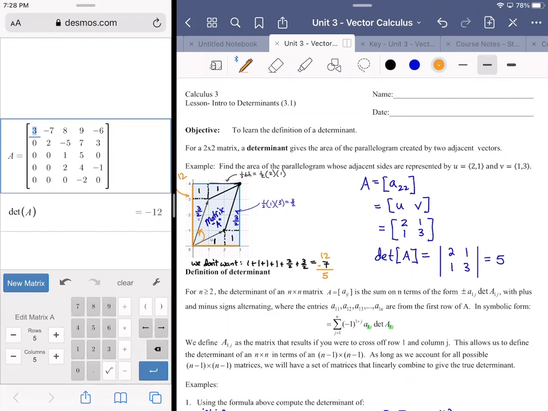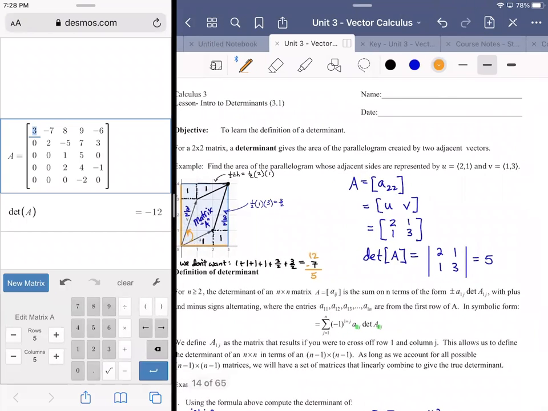Had we gone the other way, had we done VU, which would be in the clockwise fashion, that would be 1, 3, 2, 1. Diagonal down would be 1. Diagonal up would be 6. 1 minus 6 would be equal to -5.